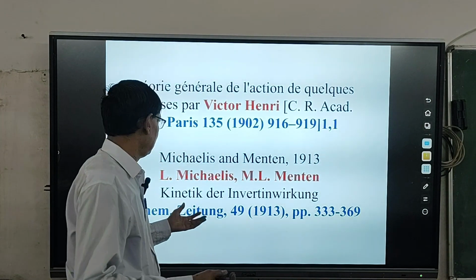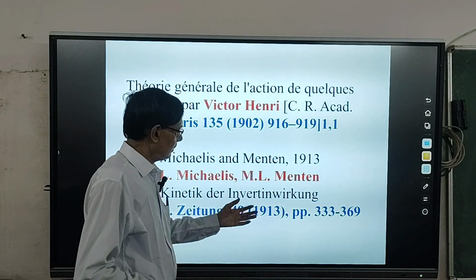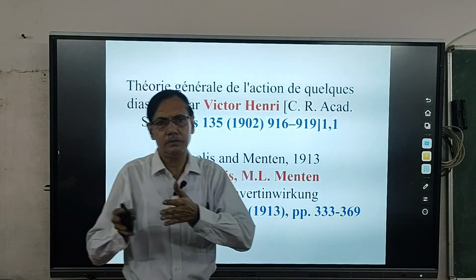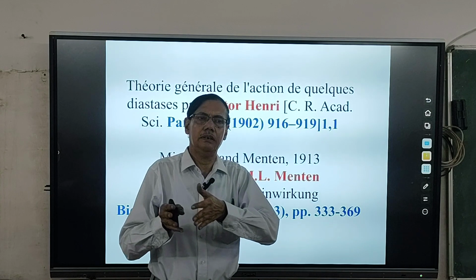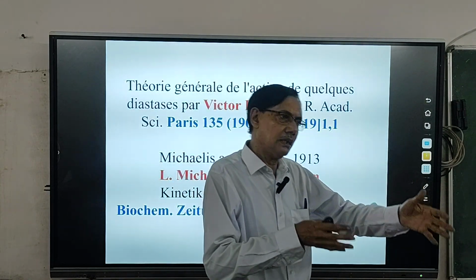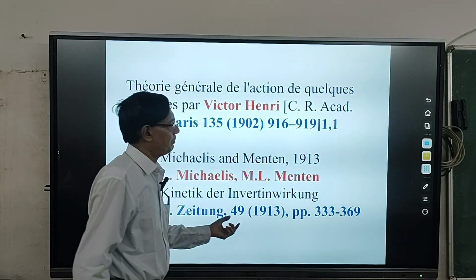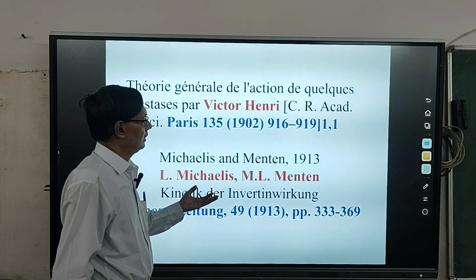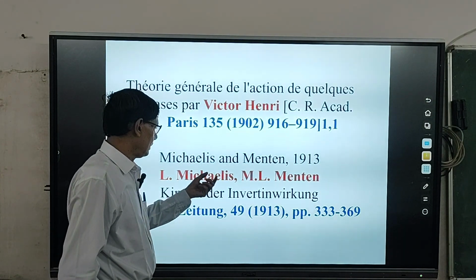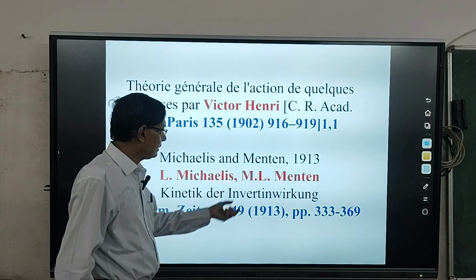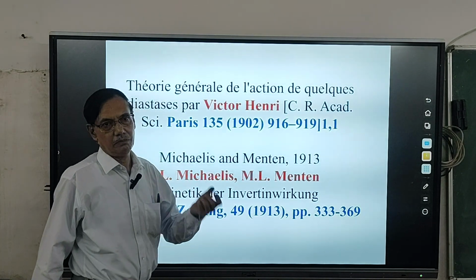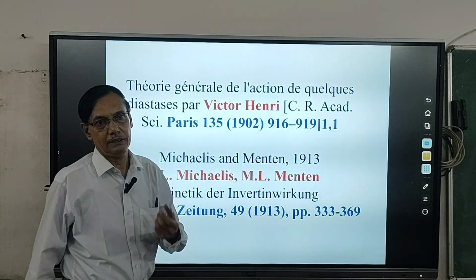In some books it is written 1913 or 1912. They published many papers during 1911 to 1913, but this is the first paper, and therefore to honor their names we always speak of Michaelis-Menten kinetics and the Michaelis-Menten constant.